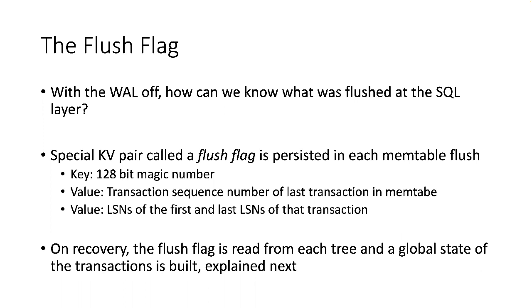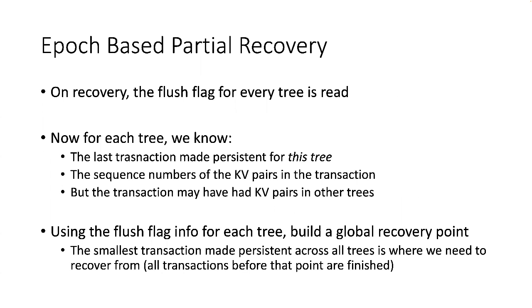The second part of the scheme is called epoch-based partial recovery. There are two parts, but I just combine them. When we crash and we want to recover the database, we just read the flush flag for every tree. But the issue here is that, as we explained earlier, the trees might flush at different rates.